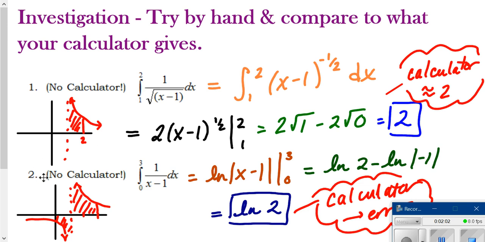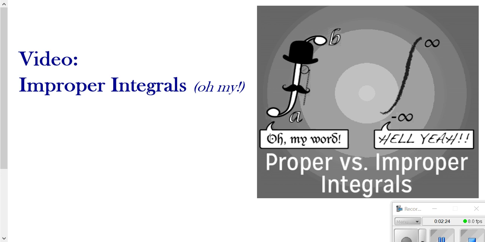And then if you take a look at number 2, you might say, well, my bounds are fine. 0 and 3, I can evaluate this function both at 0 and at 3. However, between 0 and 3, this function also has a problem at 1. It has the same problem, actually, right? You have an asymptote located at x equals 1. And so this is what we mean by improper.